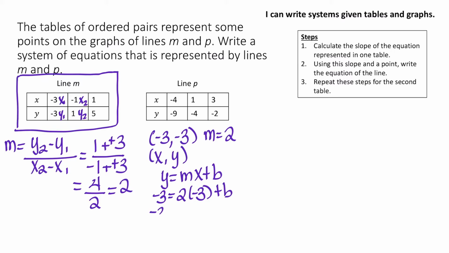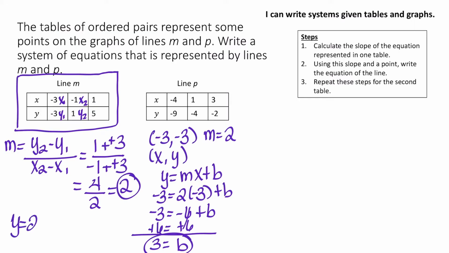So I have negative 3 equals negative 6 plus b. And I can solve this equation by adding 6 to both sides. So when I do that, I get negative 3 plus 6, which is 3, equals b. So now based on this b value and this m value, I have y equals 2x plus 3. That is the equation of line M.